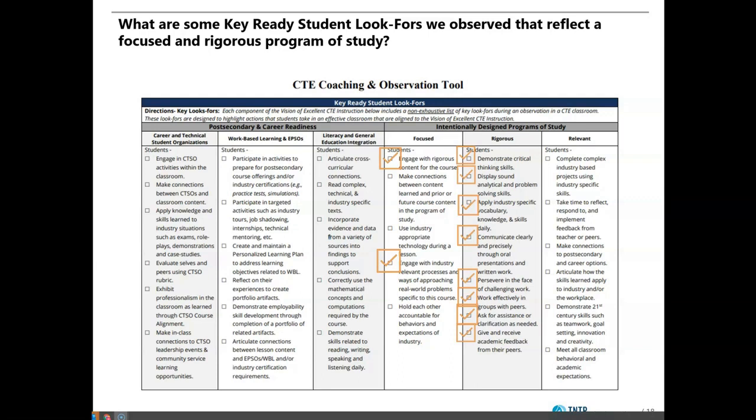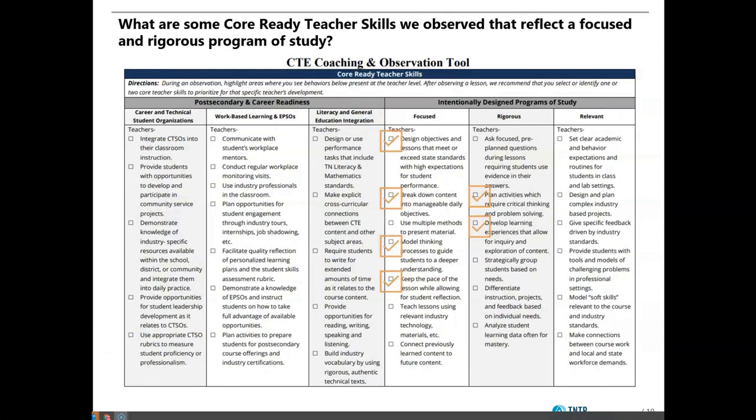Again, I did not use this tool on any of the other elements of a strong CTE instructional model. For the teacher look-fors, I noted several under both focused and rigorous as well.